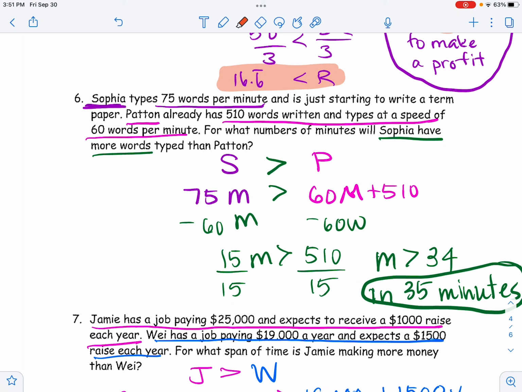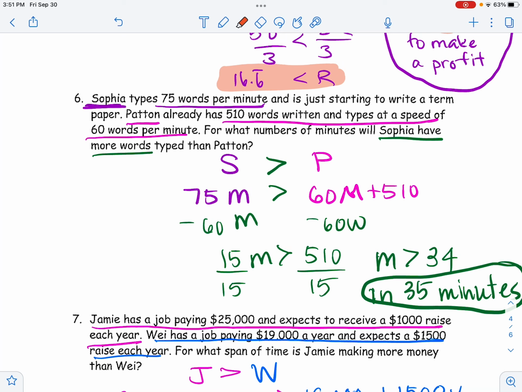Okay, Sophia and Patton are in a typewriting contest. Sophia types 75 words a minute and Patton types 60 words a minute, but he already has 510 done. When will Sophia be able to have more written than he will?